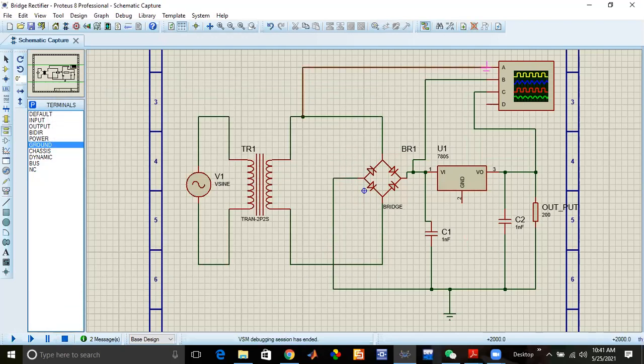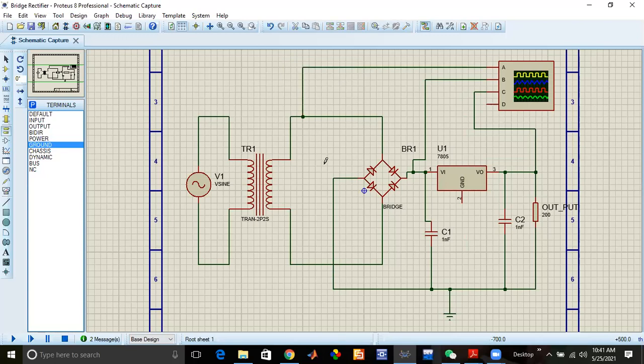We remove this portion, then we will put it. It is okay.